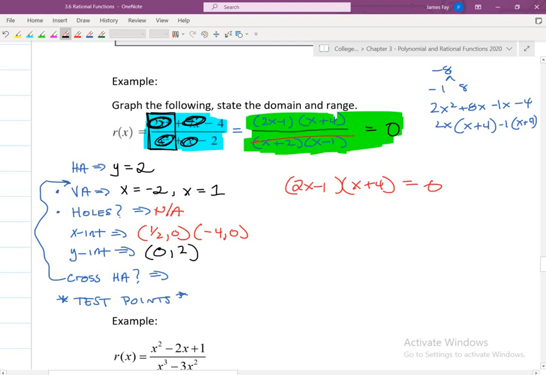Now, here's why I like to do crossing the horizontal asymptote last: the information is already telling me that I do cross it. You have a horizontal asymptote of y equals 2, right? Did we just find a y-intercept of (0, 2)? Does that mean we touched that horizontal asymptote? That means we crossed it. Now, I don't know if I crossed from the top half plane to the bottom half plane, but I do know that I interact with that asymptote.